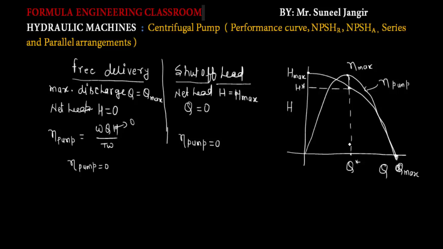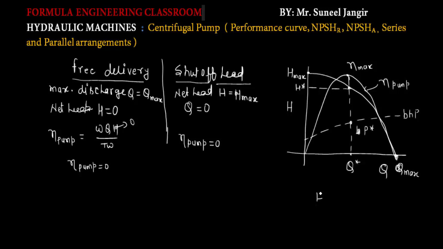Now if we take the brake horsepower, it will look like this one. This is brake horsepower, and at the best efficiency point, let's say this is P star. I'm denoting power by P, so this is at the maximum efficiency point.